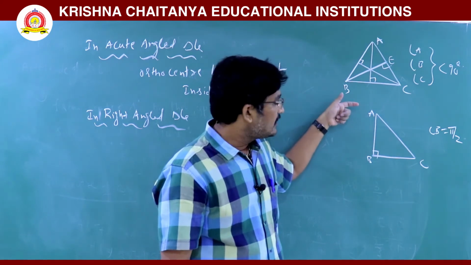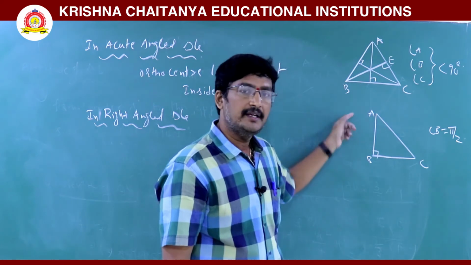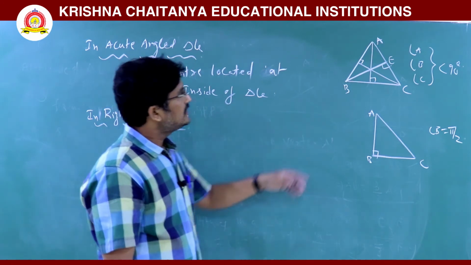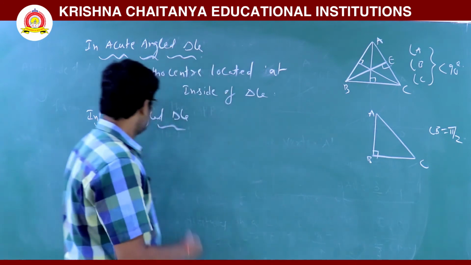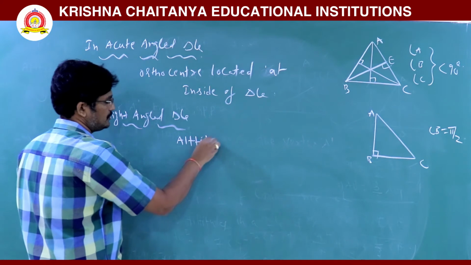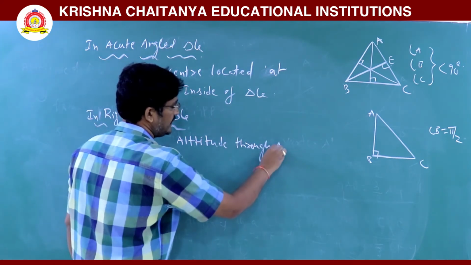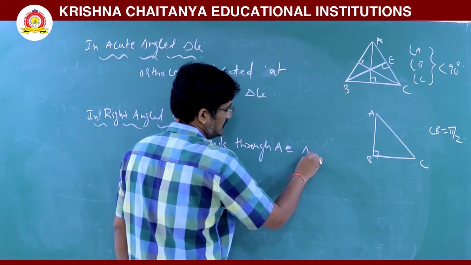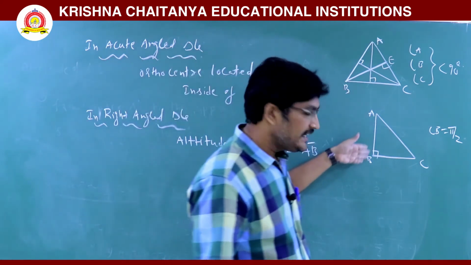So the altitude through A to the side BC bar is AB bar. This is the altitude.